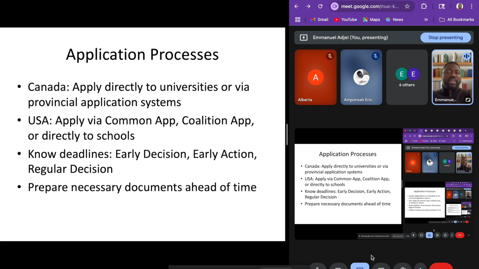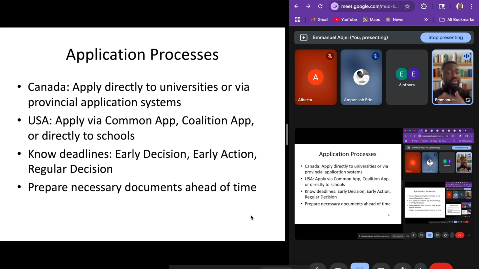Now, for US universities, you can apply through something called Common App. Common App is basically for bachelor's students, or people who are applying for bachelor's programs. And then Coalition App basically works like Common App. It's the same process as Common App. You can apply to a lot of universities using that app as well.